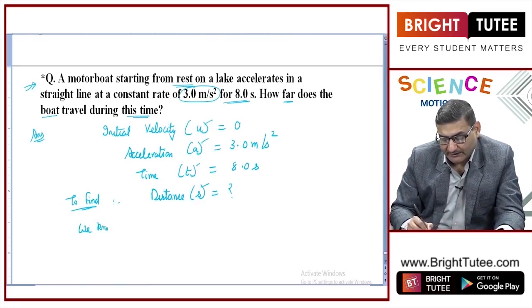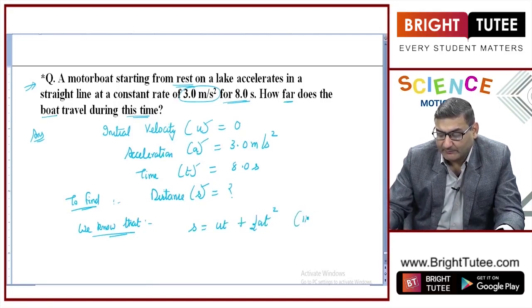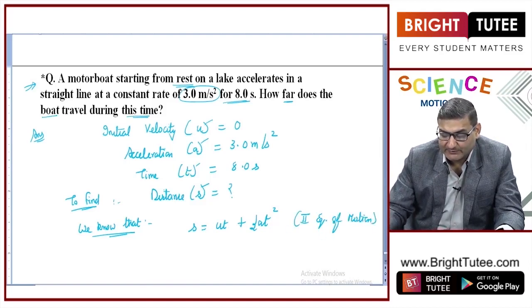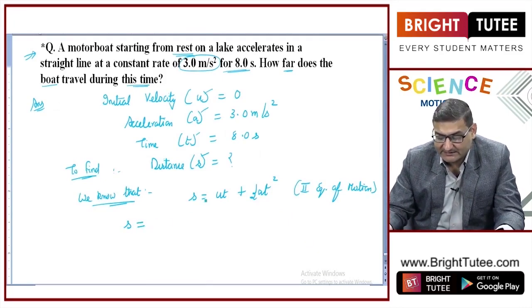So, what will we apply? We will apply again the equation of motion, and in this case I will apply the second equation of motion, depending upon what information or values were given to me in the question. Putting the values, I will calculate simply the value of distance.